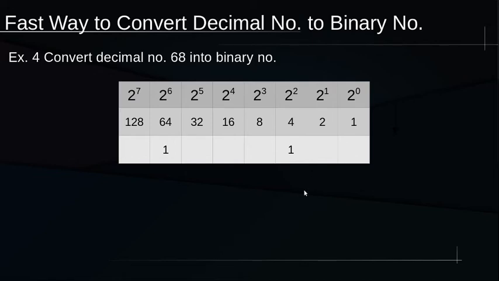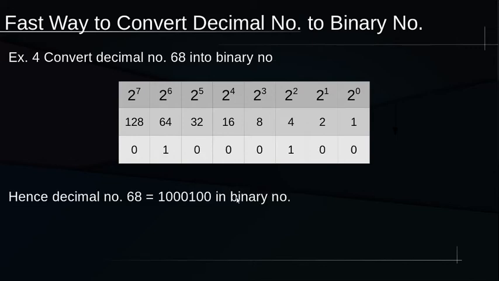Because we get 0, we write 0 on all other place values. And that's all. We find the binary equivalent, which is 1 0 0 0 1 0 0. Nice and simple.